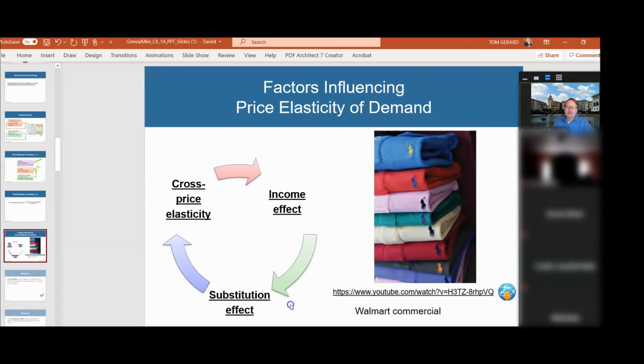There's a substitute, and that's going to affect this, right? My income changes because now I lost my job. I'm going to substitute the store brand for the Huggies brand, right? Or something of that nature.